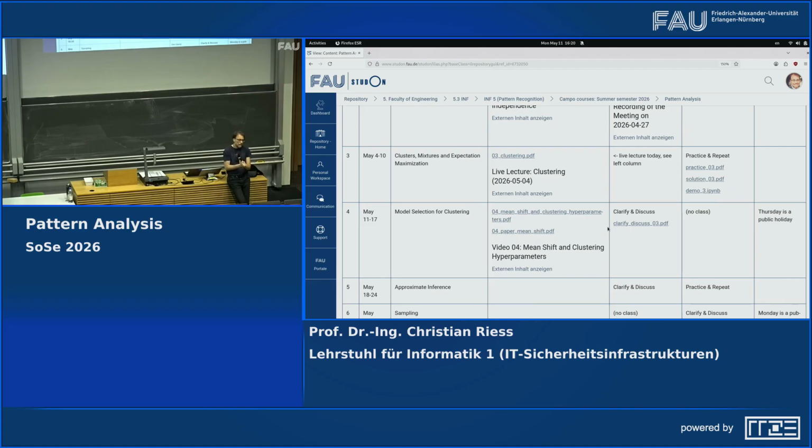And then the second question is, what can we do about the choice of the hyperparameters for all of these 3 methods? Because the clustering task itself is a bit shakily defined.